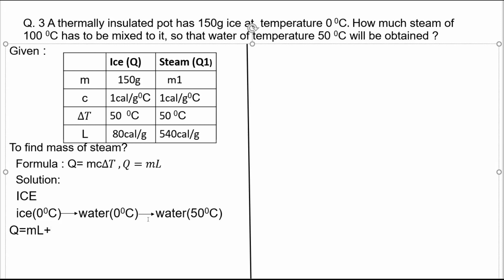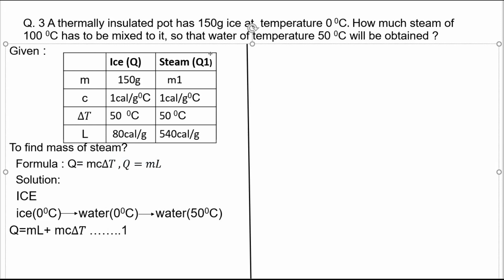Temperature is changed, but there is no change in the state. So here we have to use the formula Q is equal to mc delta T. So we can write the heat energy absorbed by water is Q is equal to mL plus mc delta T. Let it be equation number 1.